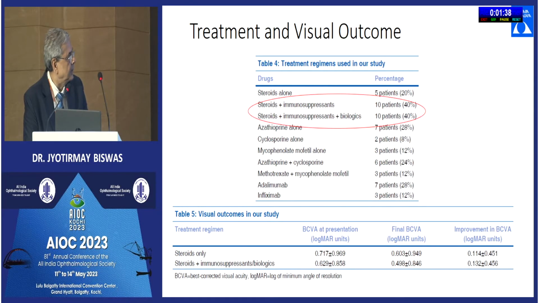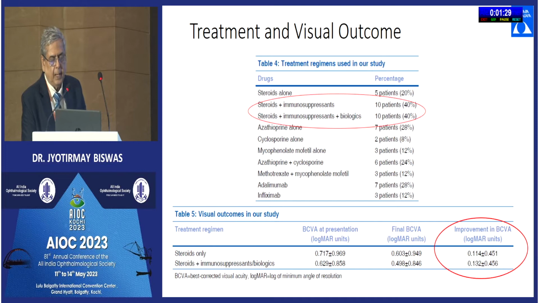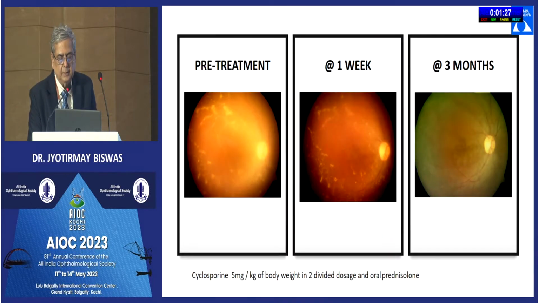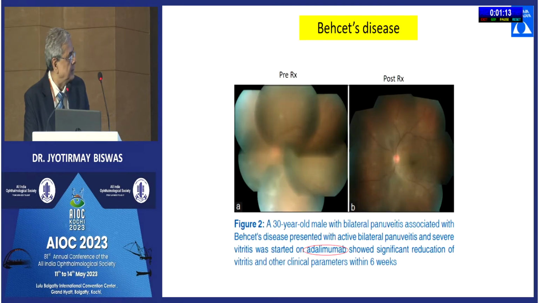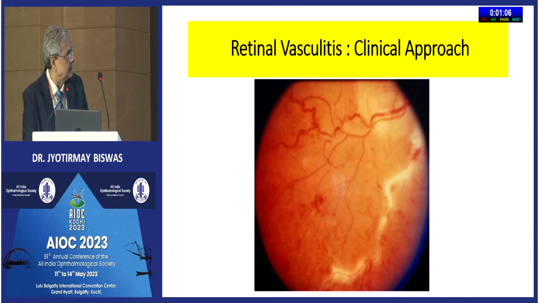We treated with steroid and immunosuppressive, or steroid with biologics, in the majority of cases. Patients treated with steroids, immunosuppressives, and biologics showed good improvement of vision. This is another patient on cyclosporine therapy showing resolution. We published 18 cases of biologic therapy in 2020. One patient with Behçet's disease treated with adalimumab showed significant resolution of inflammation.